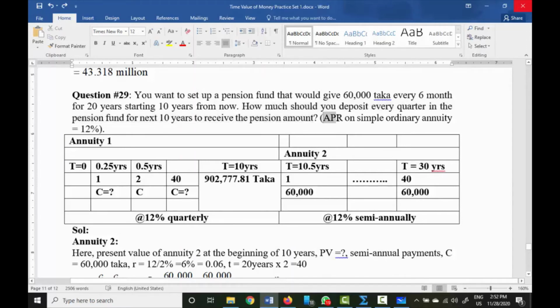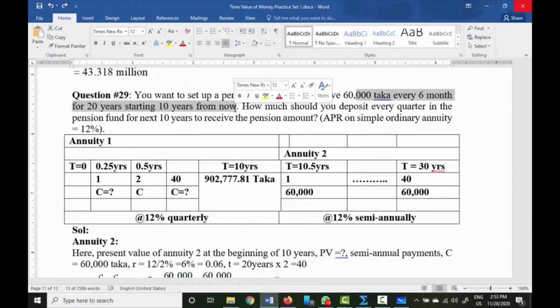So the question is saying APR, meaning annual percentage rate, on simple ordinary annuity. Simple annuity means the payment interval should match the compounding interval. When you want to receive payment at the end of each 6 month period, the compounding period should also be semi-annual.